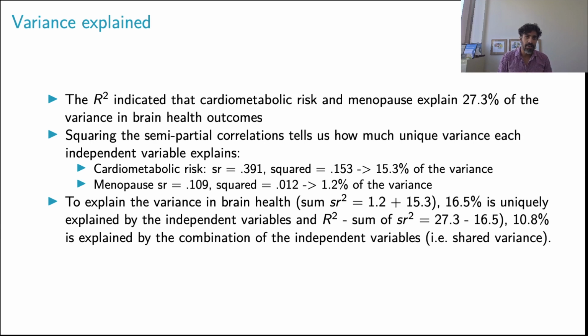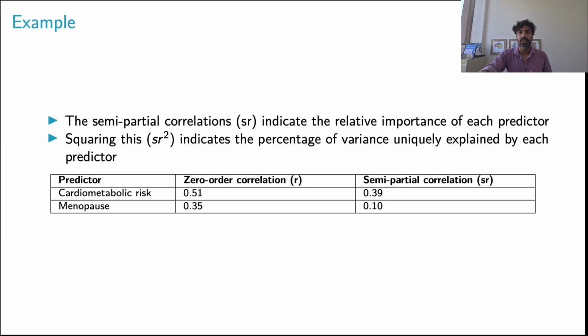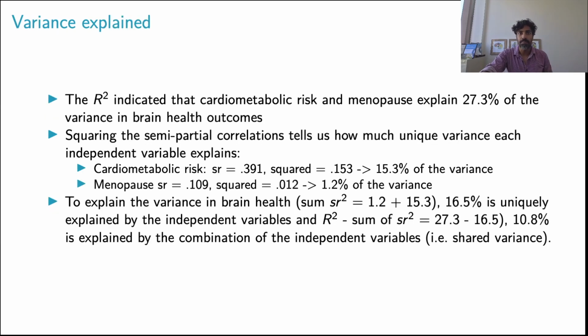So for cardiometabolic risk, its semi-partial correlation was 0.391, and squared it's equal to 0.153, so it's 15.3% of the variance. And for menopause, its semi-partial correlation is 0.109, squared is 0.012, so its unique variance is 1.2% of the variance. So to explain the variance in brain health, you sum the semi-partial correlations squared, so that's 1.2 plus 15.3.